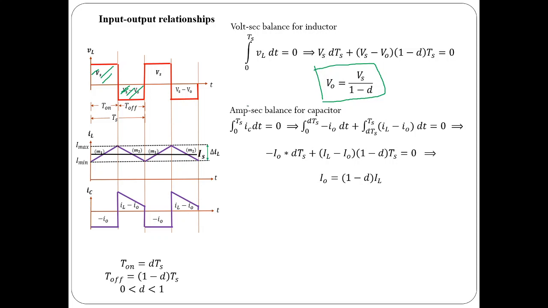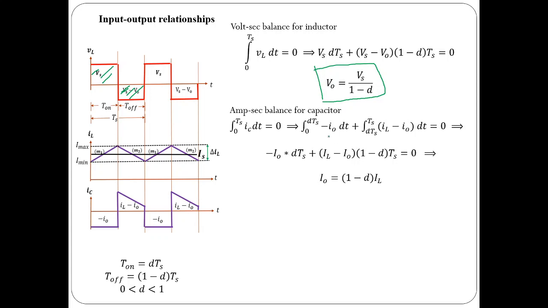By applying ampere-second balance, we know the area under this current waveform is 0. So the integration of IC dt over this particular cycle, 0 to Ts, would be 0. If you apply that, you can see that I naught is equal to 1 minus d into IL.